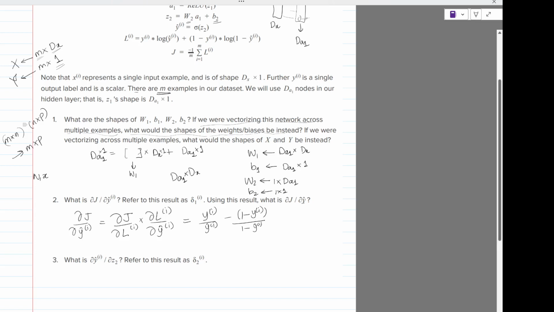Is it something like this? Y hat i, I guess it should be in the numerator.